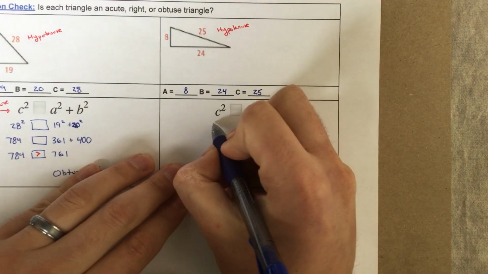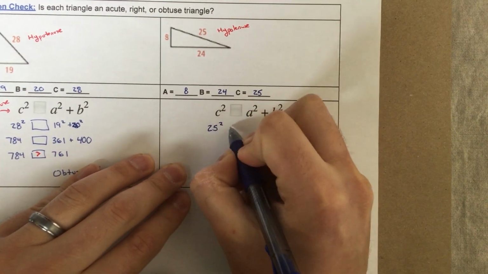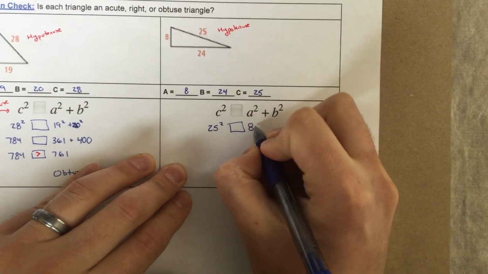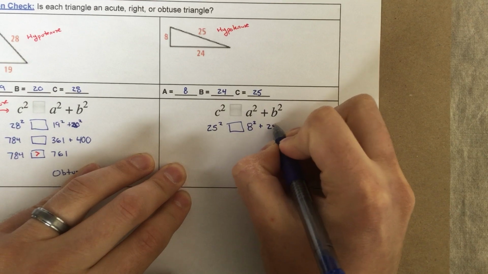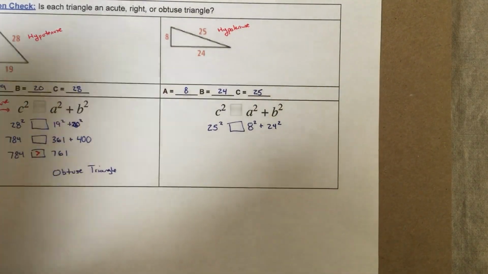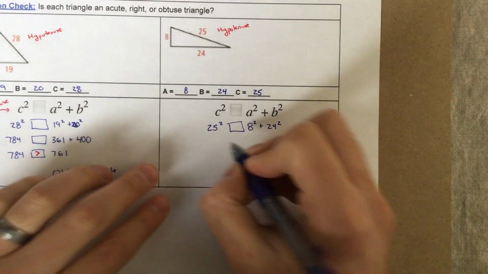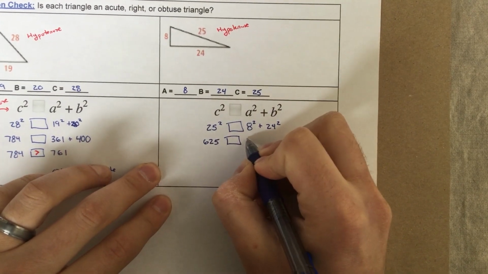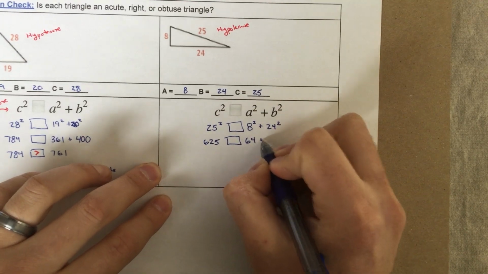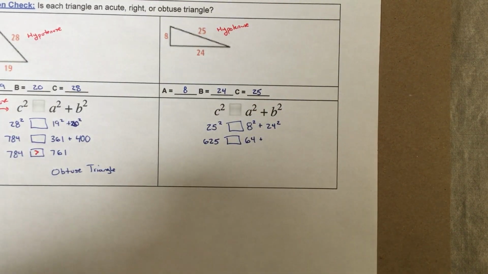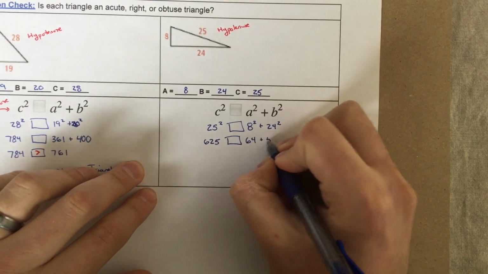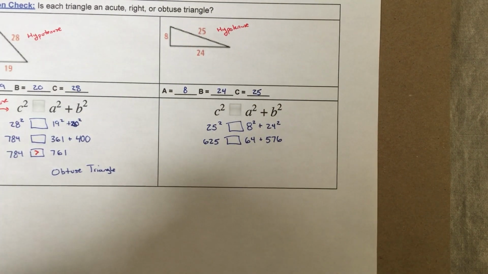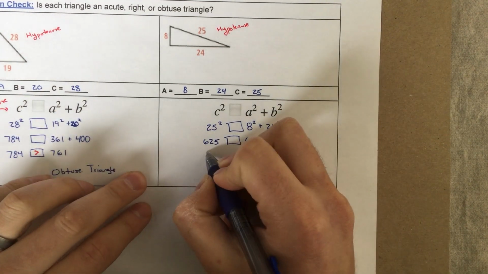So now I'm going to write this in my equation. 25 squared, I don't know whether it's less than, equal to, or greater than, 8 squared plus 24 squared. So 25 squared is 625. 8 squared is 64. And 24 squared is 576.